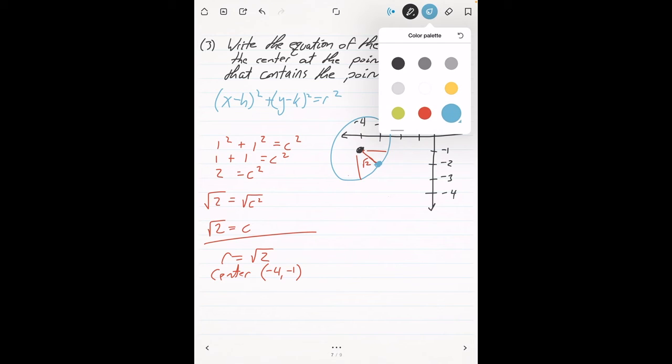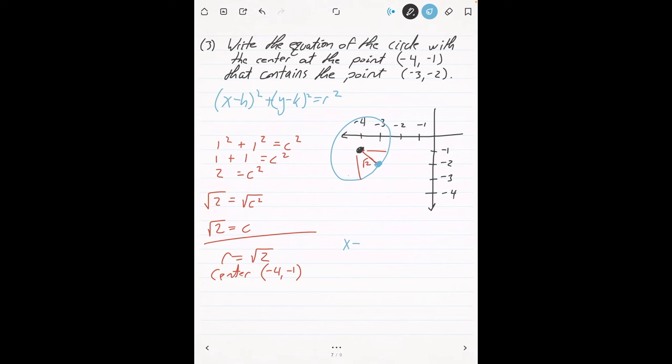So if I have to write the equation for this circle, I would say, well, x minus, what's the x component of the center? -4. And I square that. And then we add y minus, what's the y component of the center? Well, it's -1. We square that, and we set it equal to the radius squared.